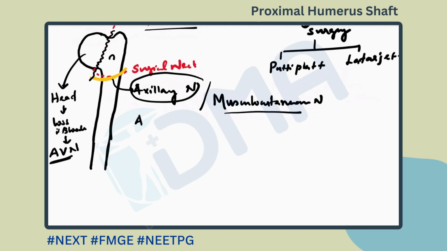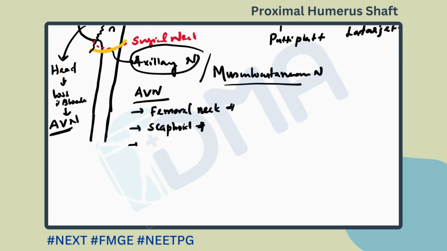Avascular necrosis is also seen in a few other fractures like femoral neck fractures. It is also seen in scaphoid fractures. It is also seen in talar fractures, talar neck fractures.